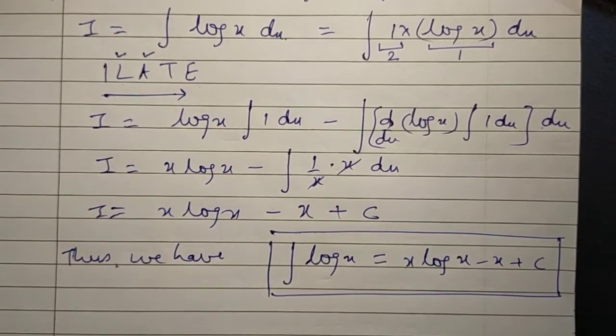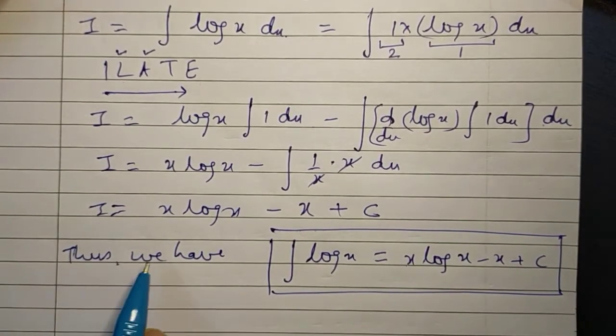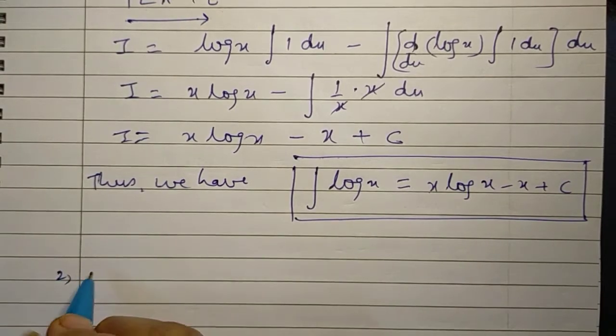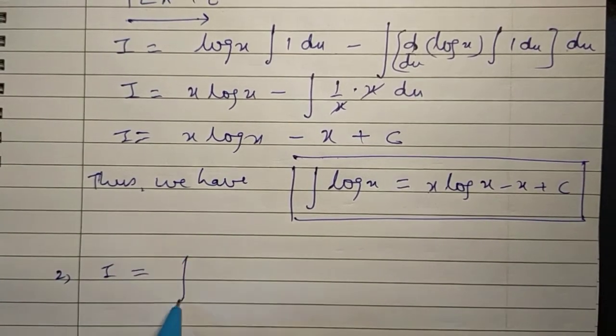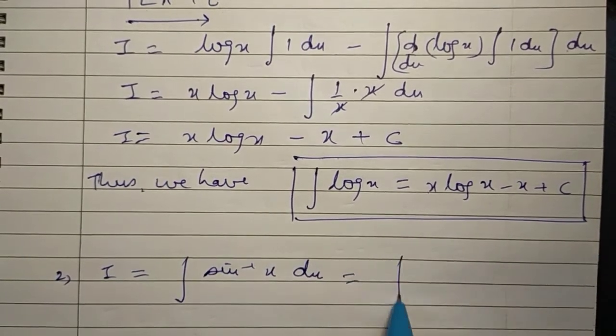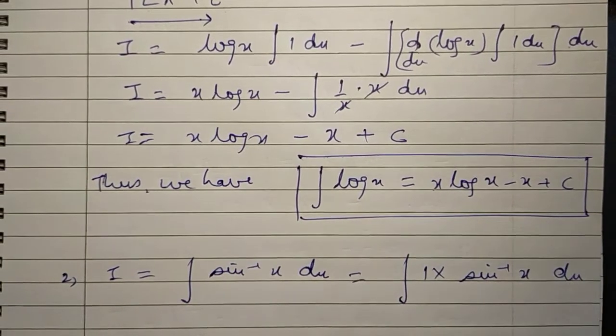The same way we can try out the integrals of the various inverse trigonometric functions. Like for example, let's find the integral of sine inverse x dx. Again we will write it as 1 into sine inverse x into dx.